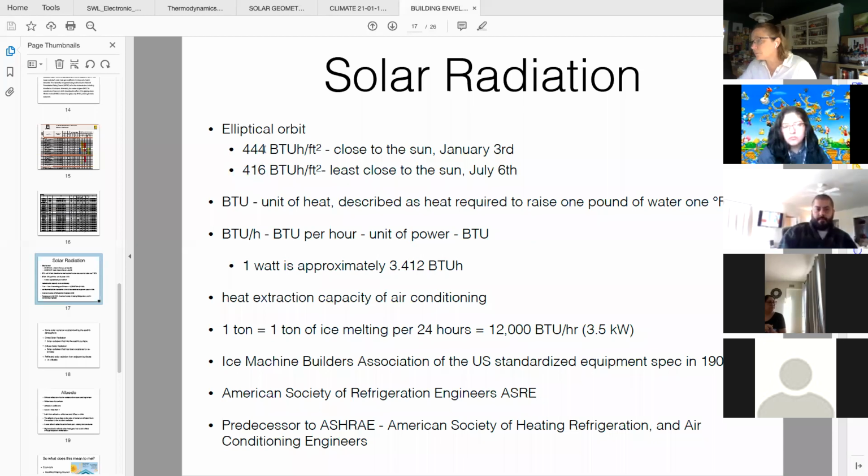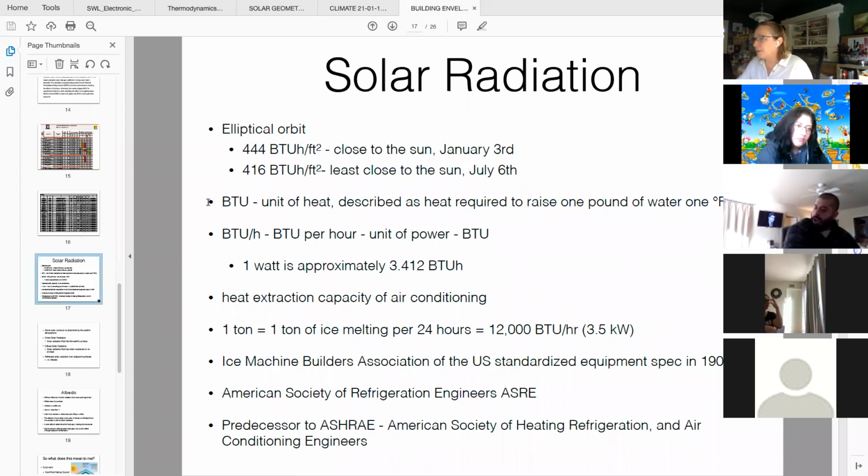And it's not like half or anything, but it's a little bit of a difference here. So that is because of that irregular elliptical path around the sun.